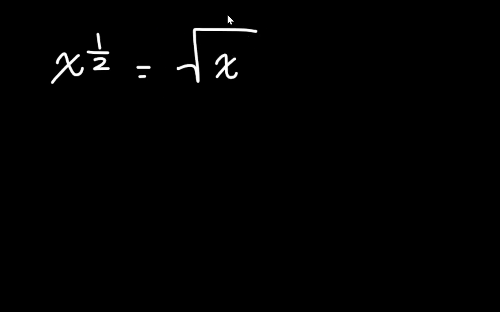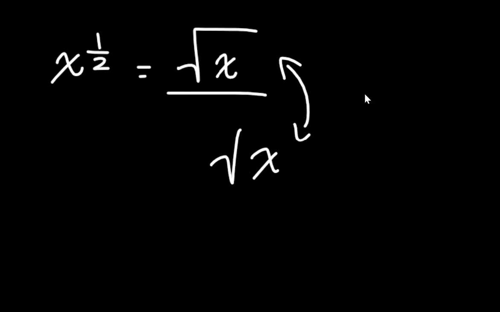Another thing is that there are also plus and minus roots, which we'll learn about, but just remember that x to the 1/2 is this. And that's how I have it in the homework.